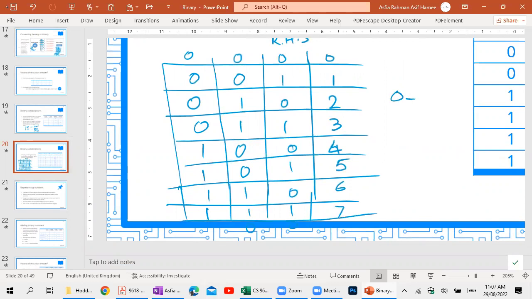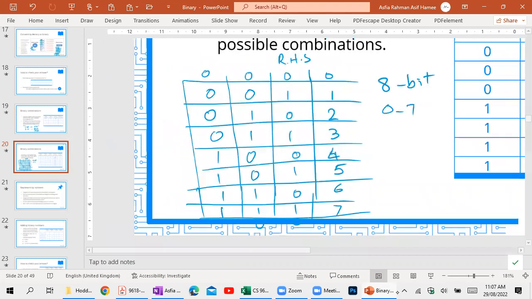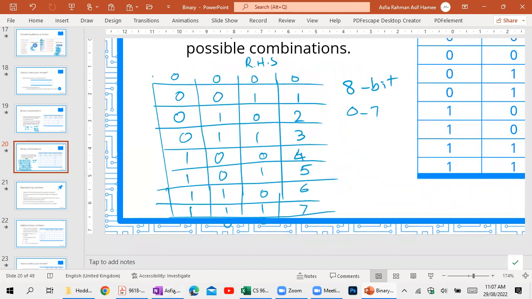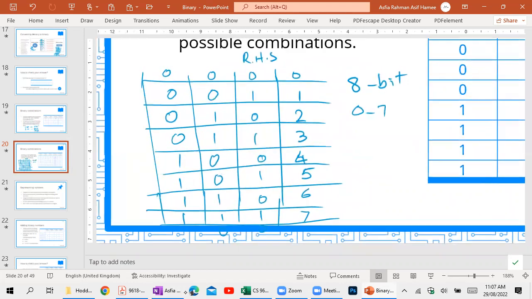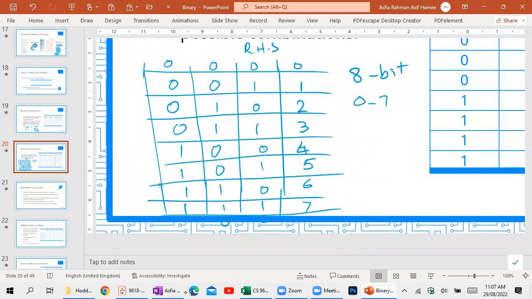It is from 0 to 7. 3-bit combinations are from 0 to 7. We always start from 0. Remember this, it's not 1 to 8, it's 0 to 7. So these are the combinations. You don't need to divide by 2 for every number. Once you make the whole table, it will be easier for you. Mostly in the combinations, or when you have another system, you will need to use this.